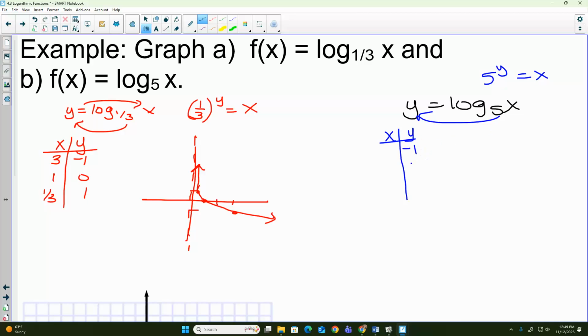So put -1, 0, and 1 in for y. 5 to the -1 is 1/5. 5 to the 0 is 1. 5 to the first is 5. So (1/5, -1), (1, 0), (5, 1). You should always have a vertical asymptote here. I'm not going to do 5 to a power and get 0, so that y-axis is my vertical asymptote. All right, is that one okay?